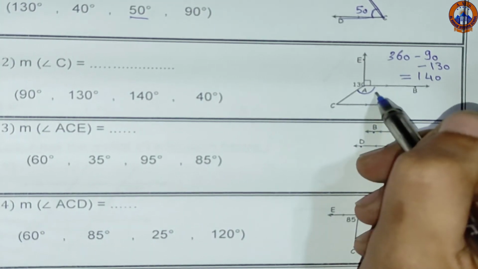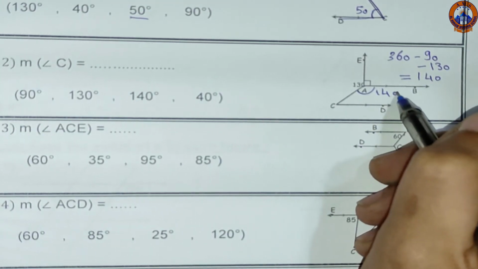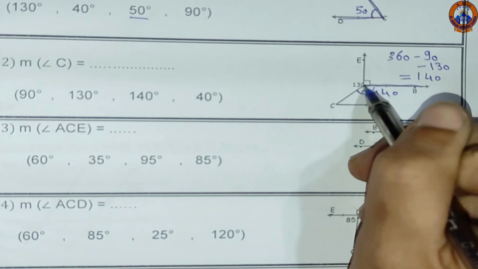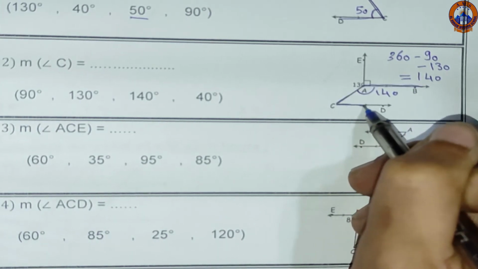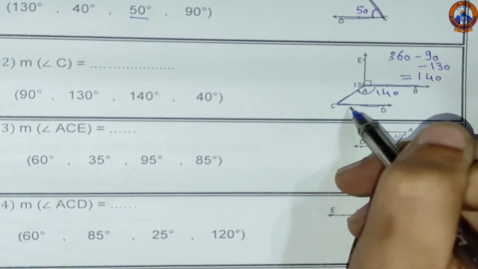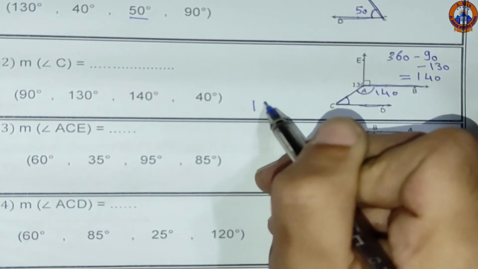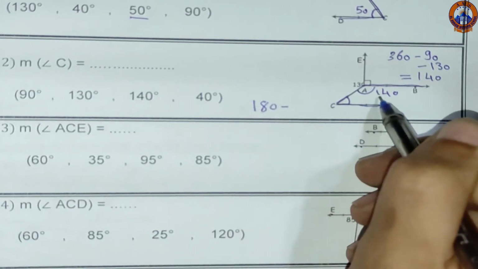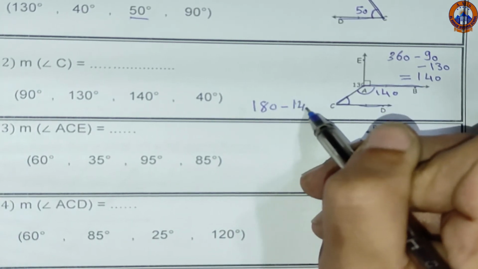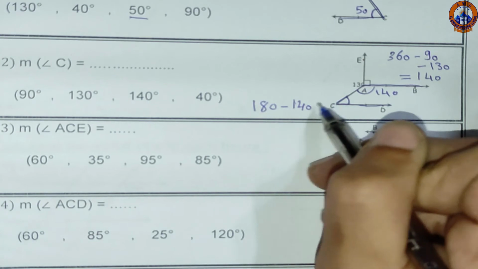So this angle A equals 140, and because we have a U letter, which we called previously an interior angle, measure angle C is gonna be equal 180 minus the interior angle 140, so angle C is gonna be equal 40.